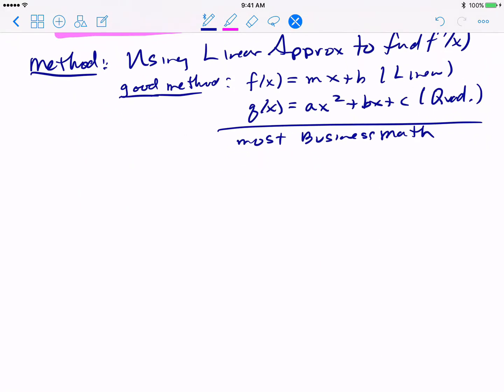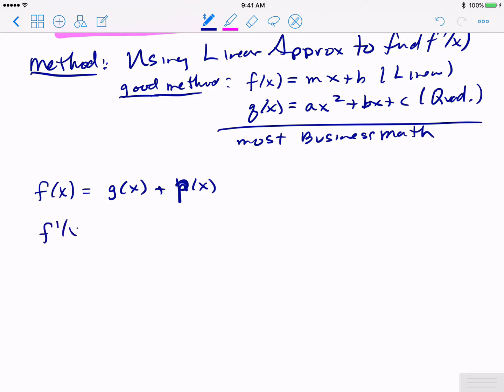The other thing that we will use is the following. Say that your function f of x is two functions added to each other: f of x is g of x plus, we'll say the second function is p of x.